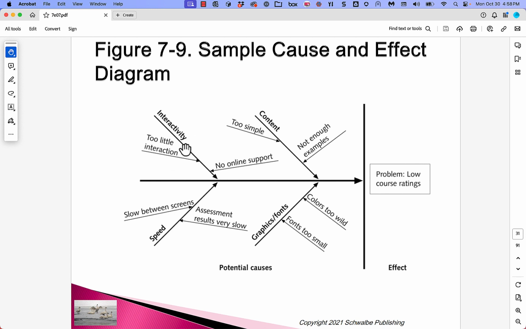And we see interactivity, content, graphics and fonts, speed, and then we say, well, what are the issues or components that contribute to that, and then we can keep breaking them down. But the idea is for us to find the root cause or causes of some quality issue that we want to resolve.